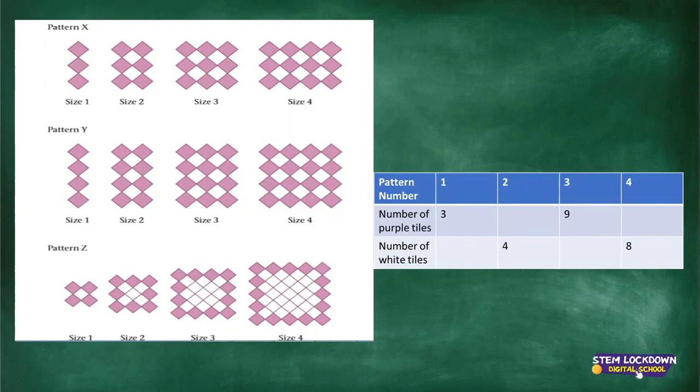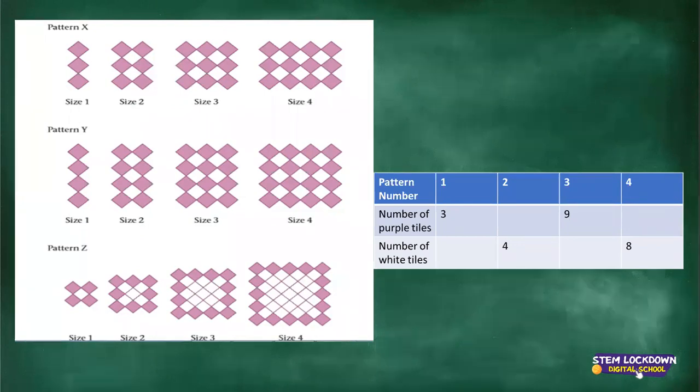So that already gives you the rule. Already there's a constant there, which is 4.